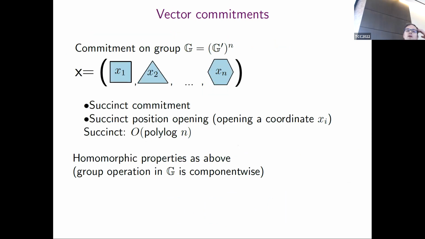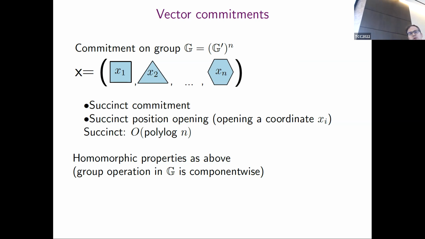Then we have the notion of vector commitment. Considering the binding, hiding, and homomorphic properties, you could just think of it as a commitment on a group that is the direct product of n copies of some other group. So you are committing to vectors of elements. But when we talk about vector commitments, we also want some additional properties.